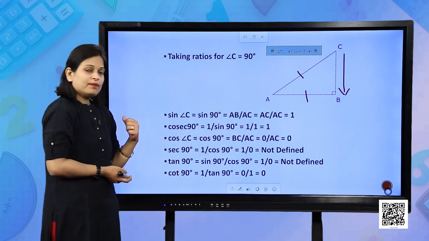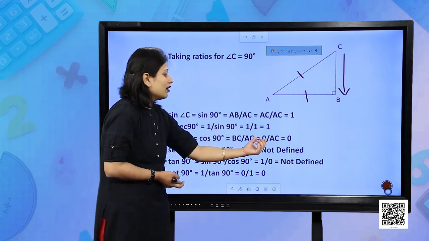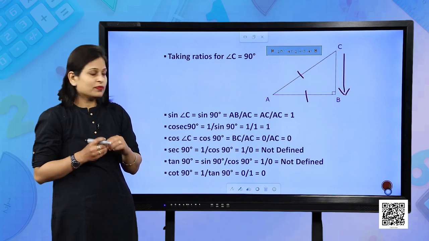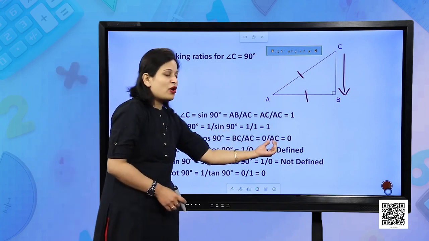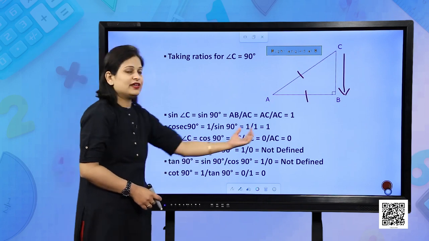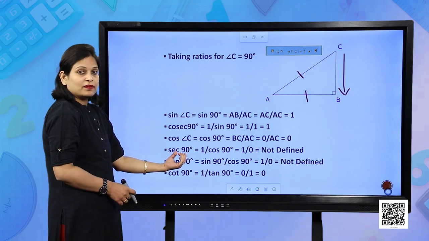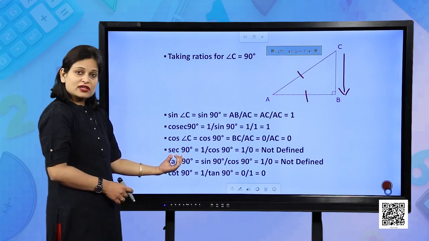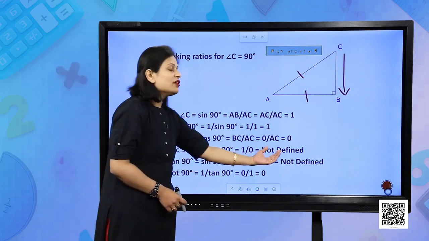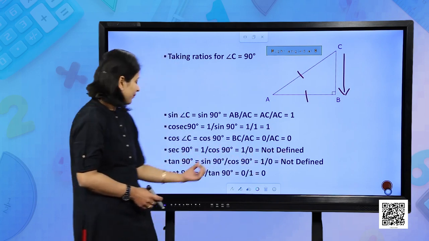Cos 90 degree will be BC upon AC. What will you get? BC will become 0. So, 0 upon AC will give you 0. So, the value of cos 90 degree will be 0. Secant 90 degree is the reciprocal of cos 90 degree, which you will get not defined because 1 upon 0 is not defined.